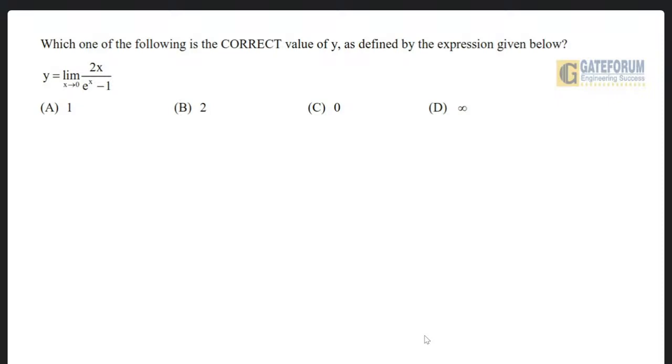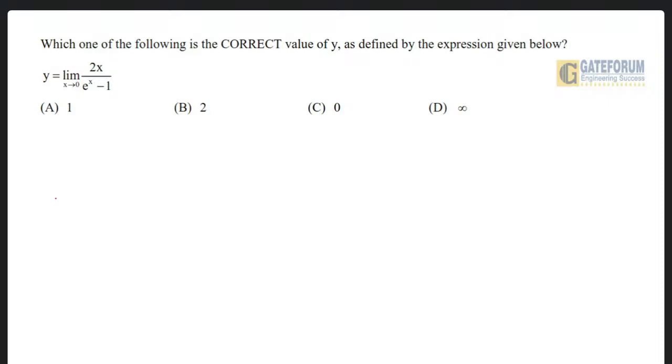Y is equal to limit x tends to 0, 2x divided by e to the power x minus 1. Four options given. This is from engineering mathematics from the topic calculus, subtopic limits.